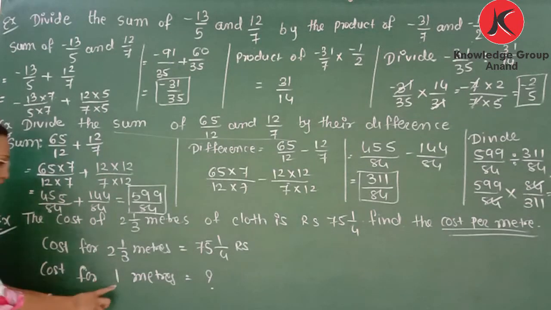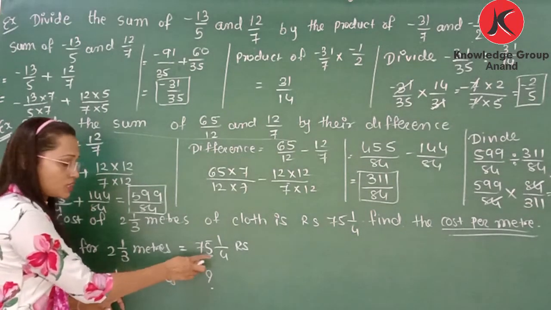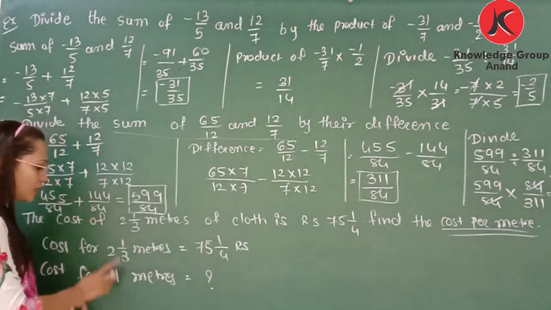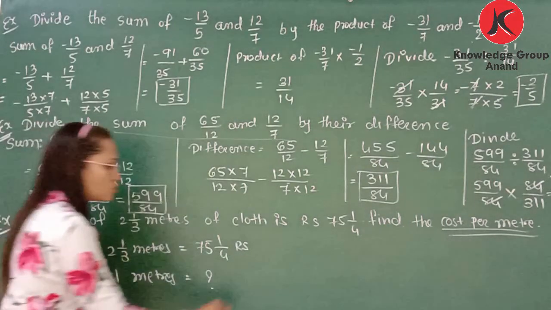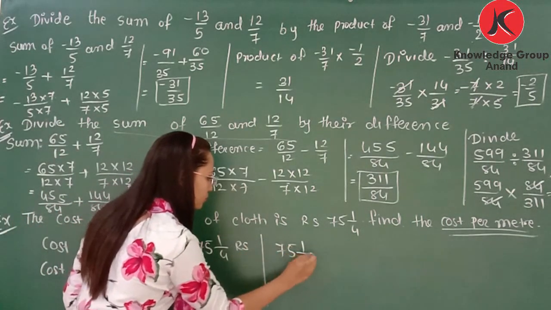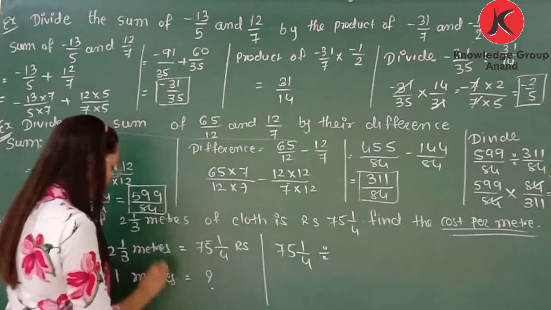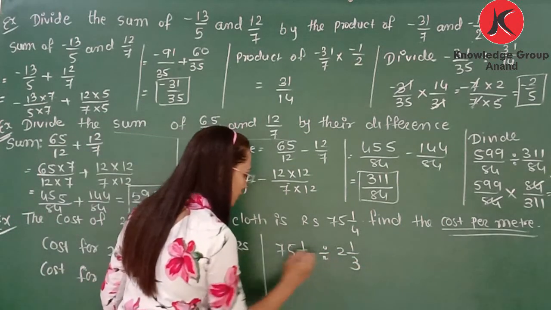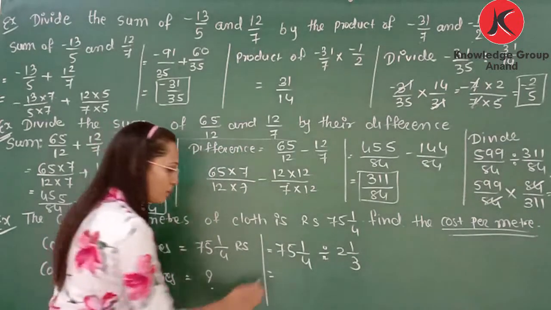Now cross multiplication: this is multiplied with 1, 75 1/4 is multiplied with 1, divided by 2 1/3. Now convert this into an improper fraction.